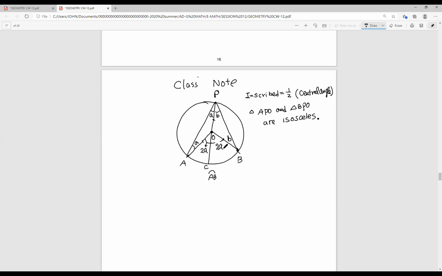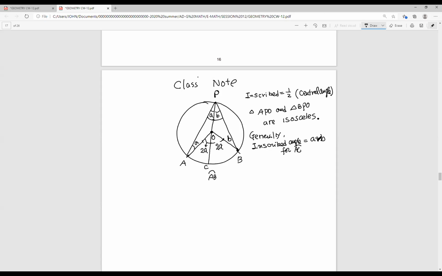Now finally, you can see the inscribed angle equals A plus B, right? Over here, can you see that? This is the inscribed angle for arc AB.